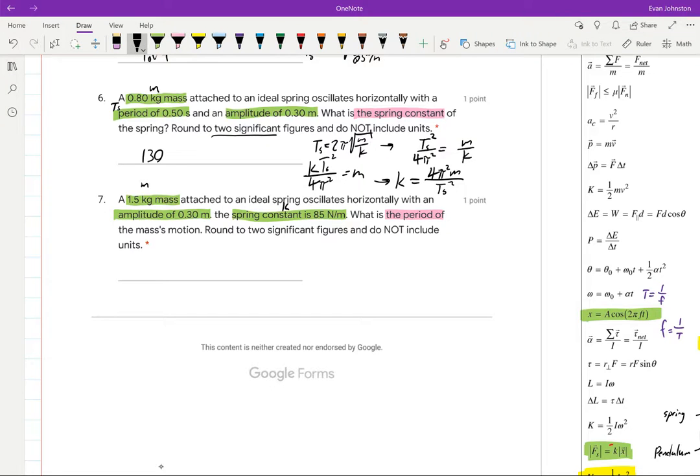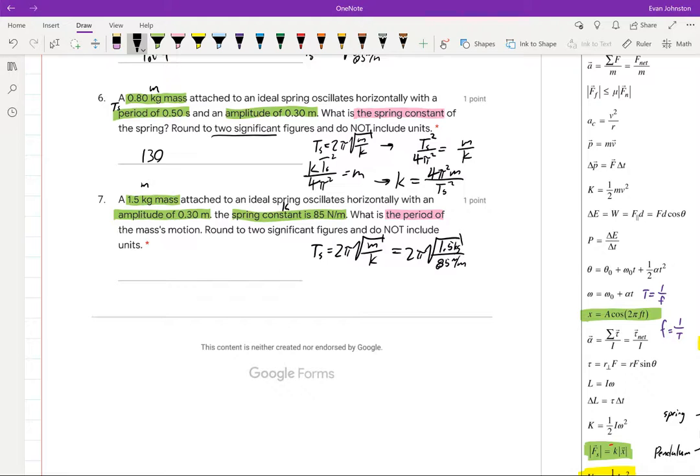So this is actually one of our easier questions. Again, we have the period for the spring is 2 times pi times the square root of the mass over the spring constant. Our mass is 1.5 kilograms and our spring constant is 85 newtons per meter.